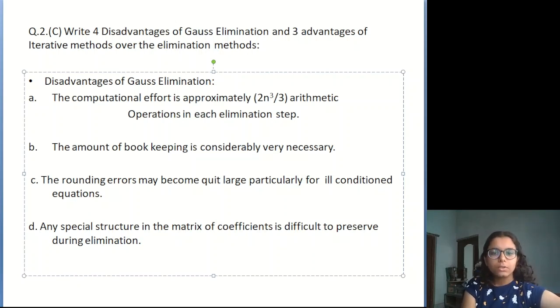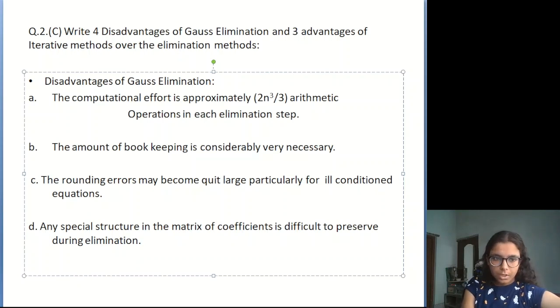When we do elimination, we might encounter more zeros, and when we multiply those zeros, we won't be able to conserve all the coefficients that we have. So the special structure of the matrix of coefficients would be disturbed, and it would not give us the desired result.